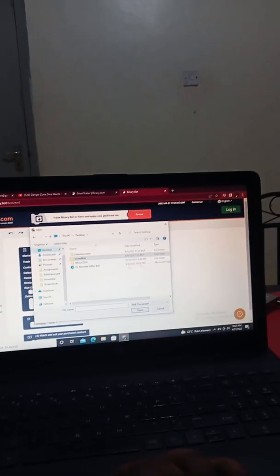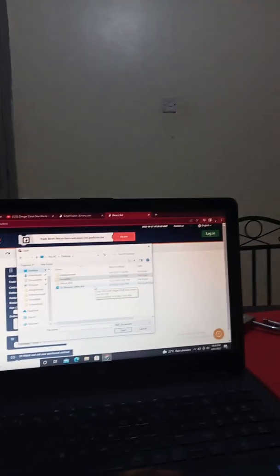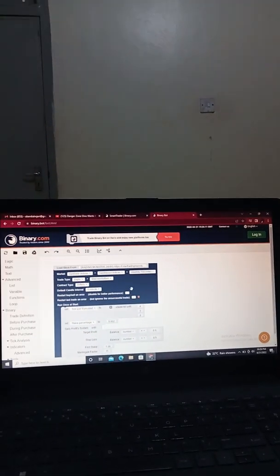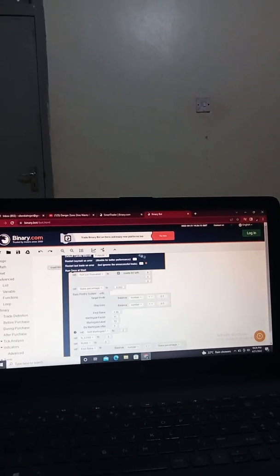Okay, my bot is Monster Defer bot. I have found this bot to have very high winning rates and very low losing rates. So right there, it's loaded. This is how the bot looks. You can drag it however you want to see all its elements right there.